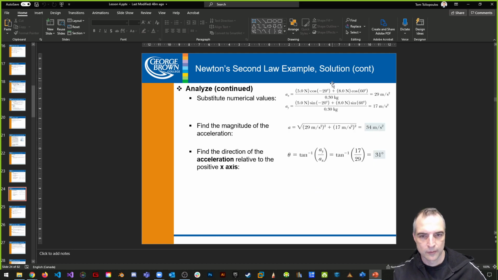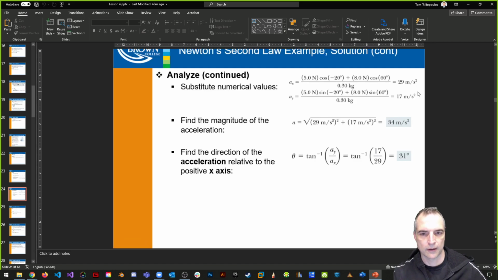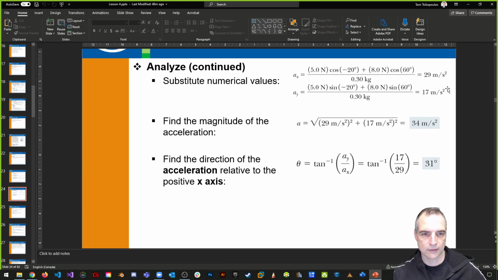Negative 20, plus 8 newtons across the x-axis for the other force, right? When we divide this by its mass, we get an acceleration on the x-axis of 29 meters per second squared. We get an acceleration on the y-axis when we do the same substitution, again, 17 meters per second squared.